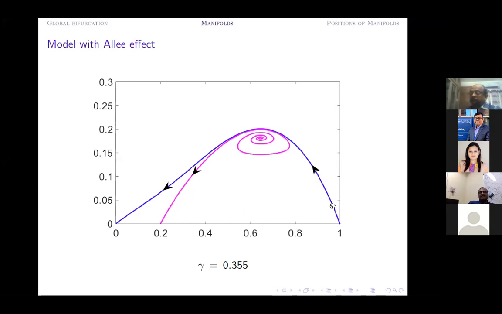As the system is continuous with respect to the parameter gamma, there is room to speculate that these two manifolds coincide at some intermediate value between 0.354 and 0.355, where they produce a heteroclinic connection joining the point (1, 0) and the point (0.2, 0).